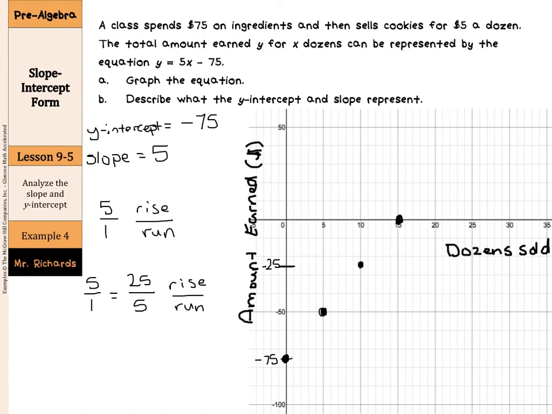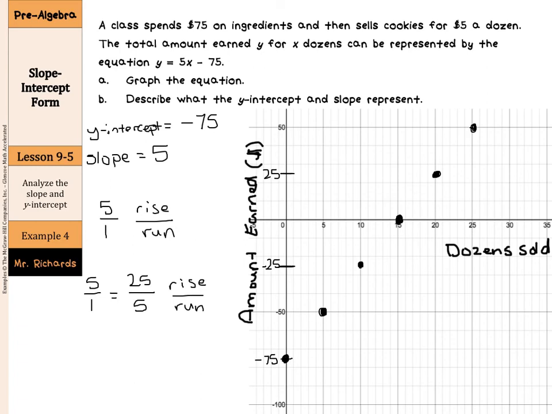And we might as well just keep going here. Our next step up, 25 up, would be there. So we could go 25 up and 5 over to 20. And then let's finish by going up to 50, rising 25 more, and running 5 to 25.